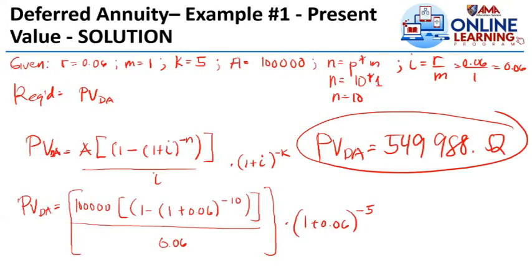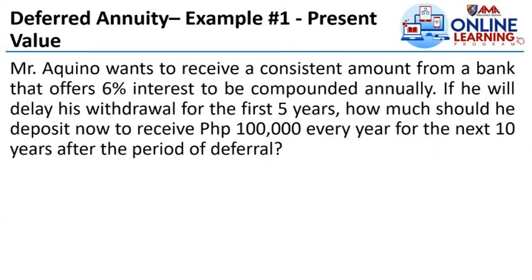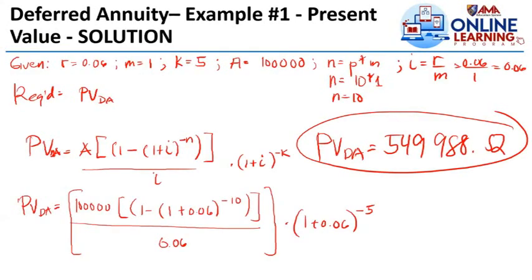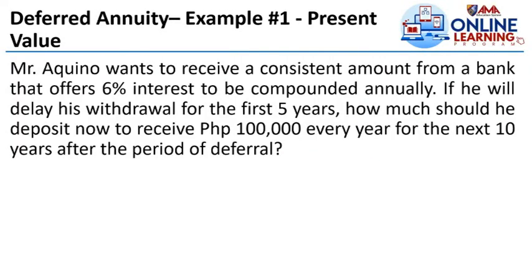Then yung K natin, yung delay is 5 years. 5 years niya bago i-withdraw. Okay? Then yung A natin, yung marireceive niya every year is 100,000. Ang problem natin is, ano yung present value ng deferred annuity niya.